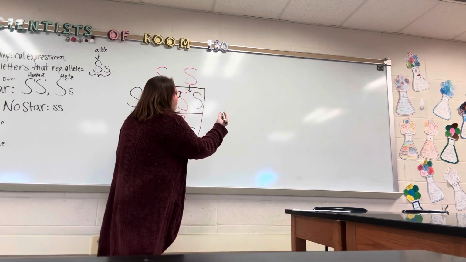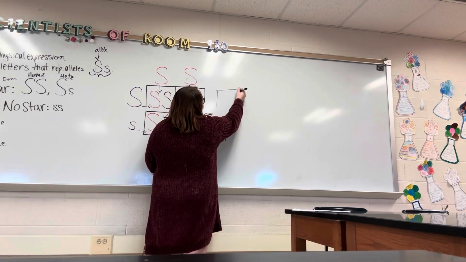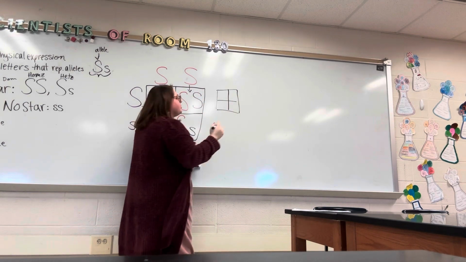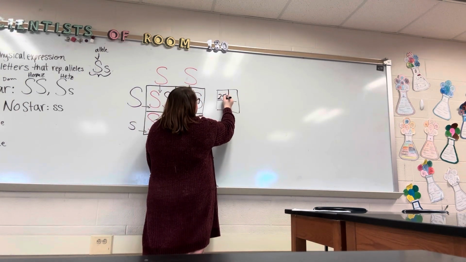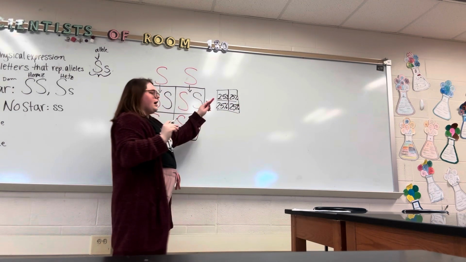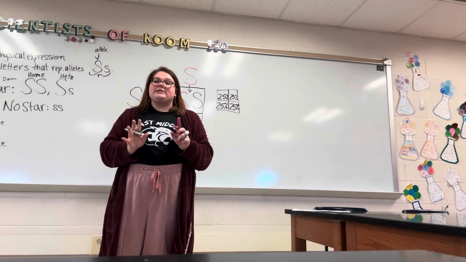But each box in a Punnett square is worth 25%. Okay, so really we're just doing addition.